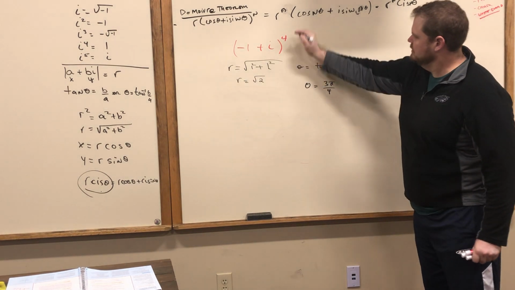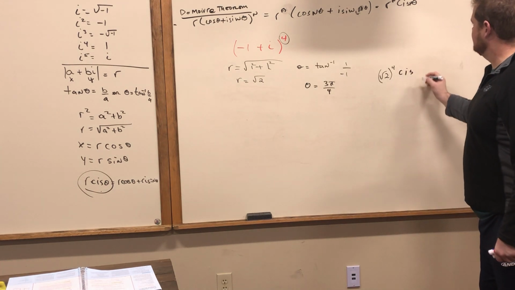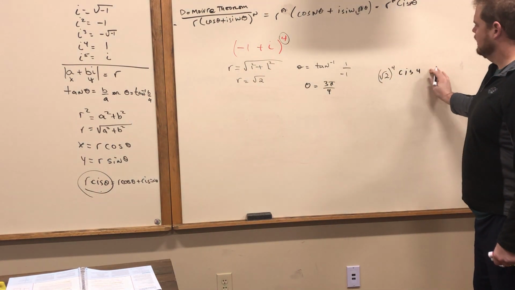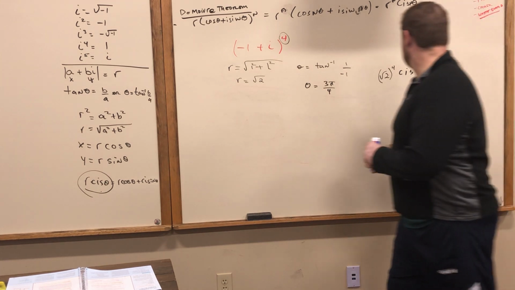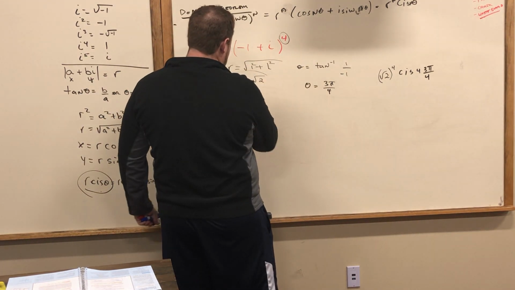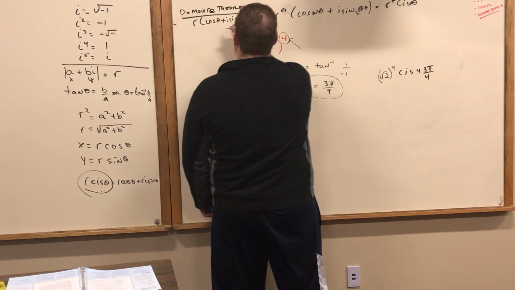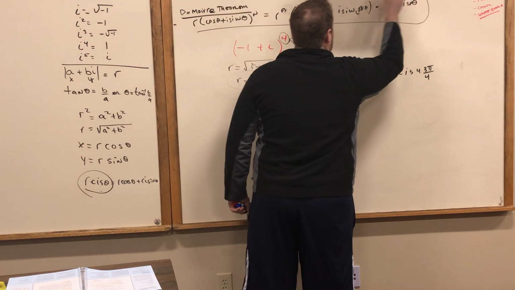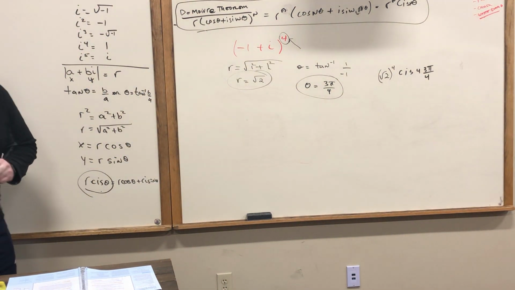Because n is our fourth power, CIS, n is 4, and 3/4 pi. Any questions on that information? All I did was take the information we have, which is our r, our theta, and our n, and plug it in to this initial equation that we just learned, De Moivre's theorem.